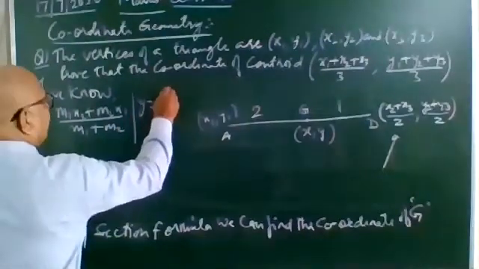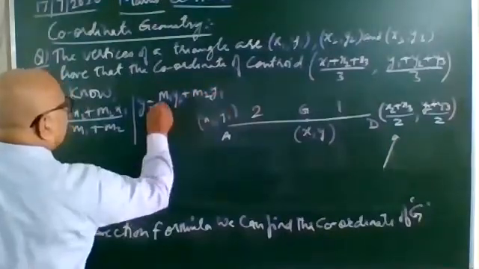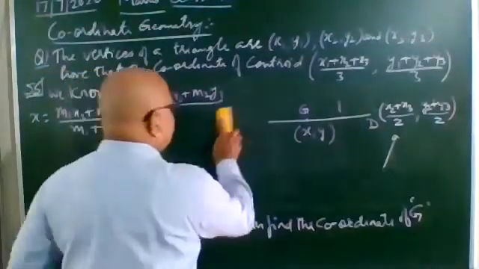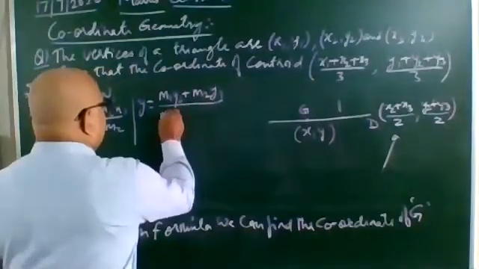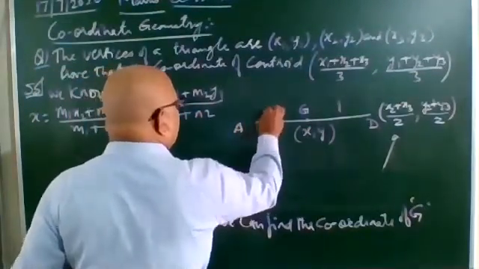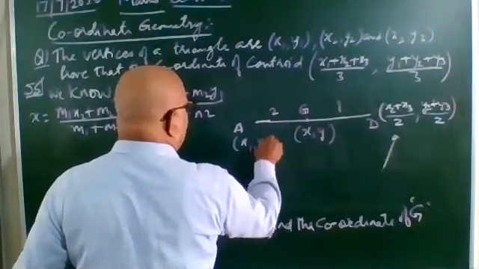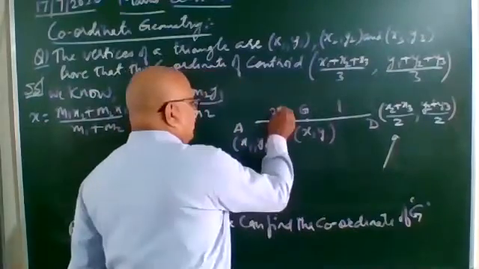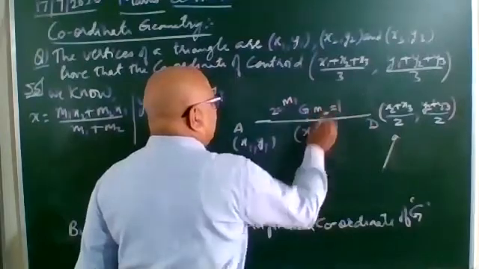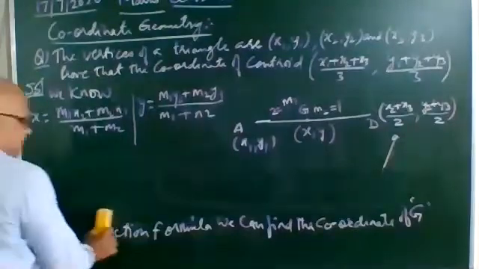Y equal to m1 y2 plus m2 y1 upon m1 plus m2. Now this becomes m1 and this becomes m2. So now you can apply the formula.